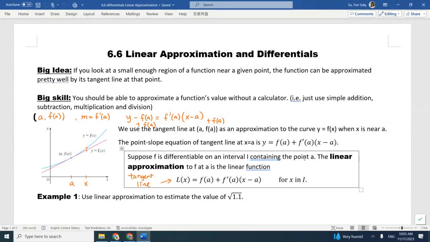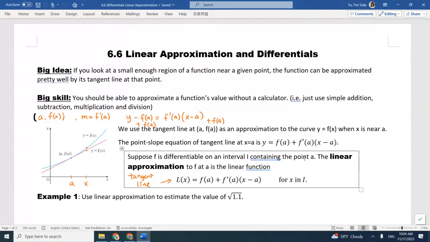So the idea of this session is to use the tangent line to approximate the function. For the tangent line, you can see here, you get a number plus another number times x minus a. Do you see it only involves additions, subtractions, and multiplication? Right, everybody? So it's easier to calculate addition, subtraction, and multiplication.